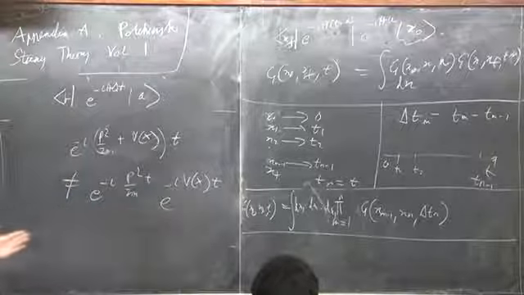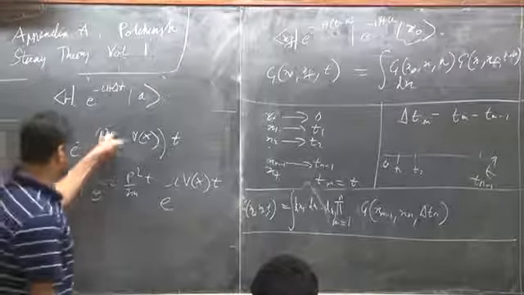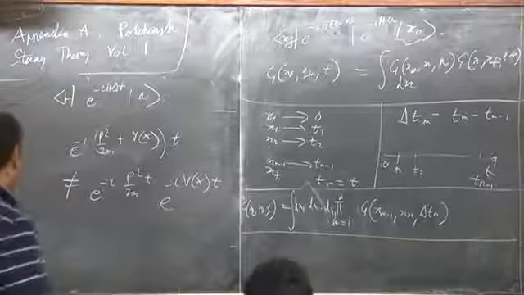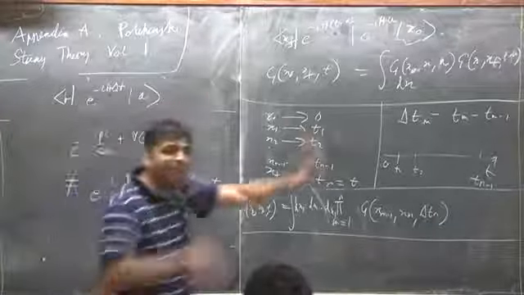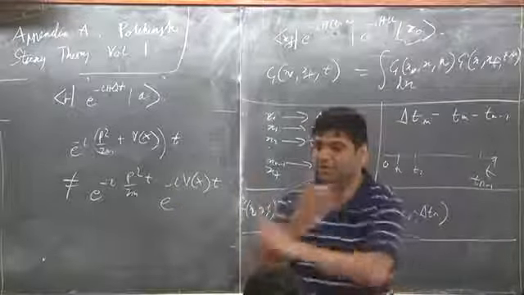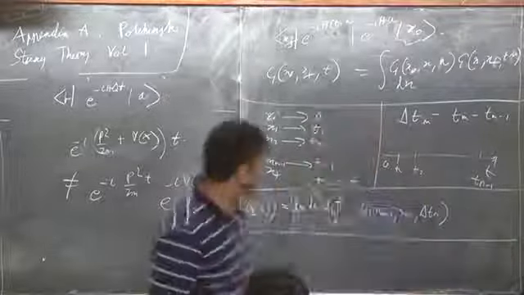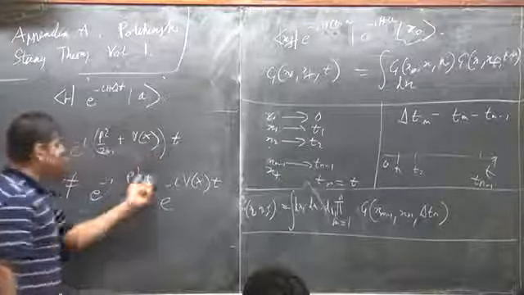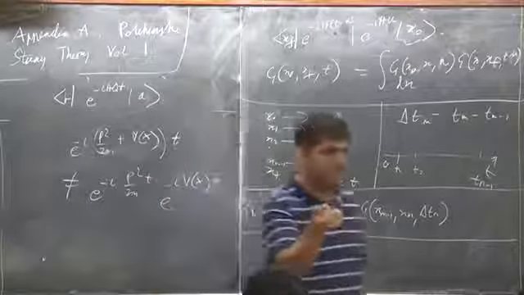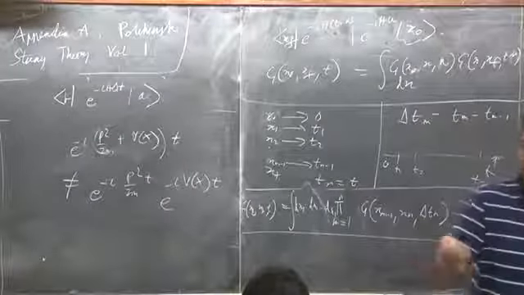This is not true. The reason is that p squared and V of x do not commute. And this is what makes the finite evolution difficult to evaluate: the non-commuting nature of the various operators.